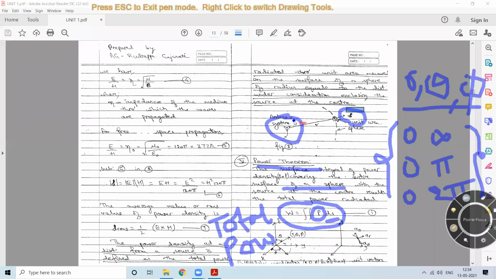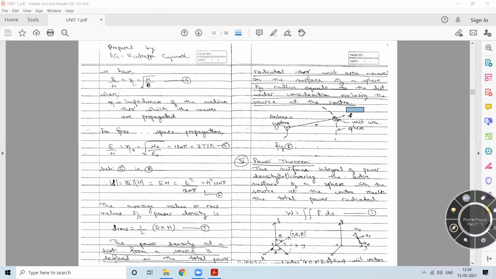So the power theorem gives you the information pertaining to the total power radiated by the antenna under consideration. This is the equation by which the power theorem is given, where W is the total power, equal to the surface integral of the power density.